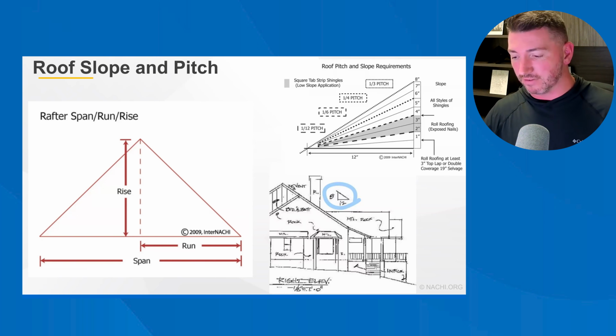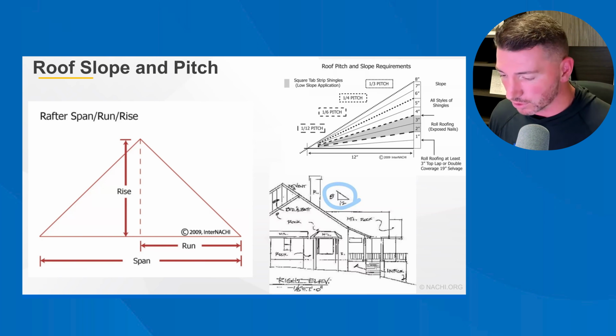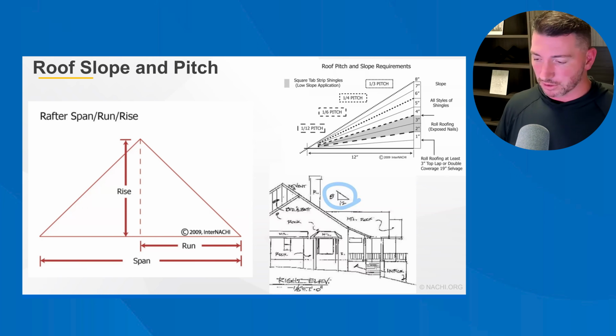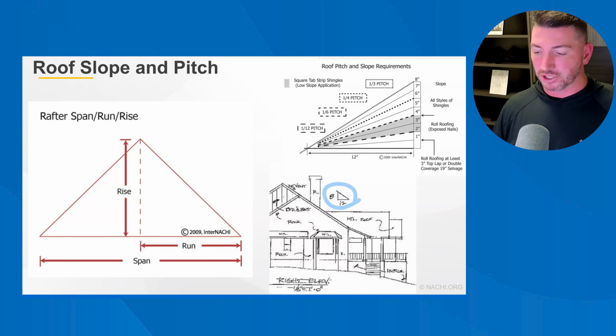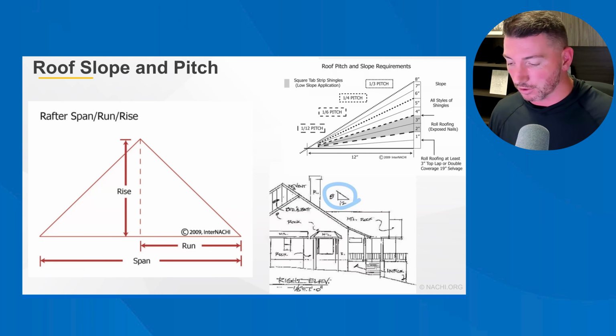You can achieve it from 2/12 to 4/12, but it's not really recommended below 4/12. Most asphalt shingles may be used on 4/12 to 21/12 using standard application methods. Asphalt shingles may be used on slopes from 2/12 to 3.9/12, or less than 4/12, if special low slope application procedures are followed, one of which is the underlayment I just told you about.